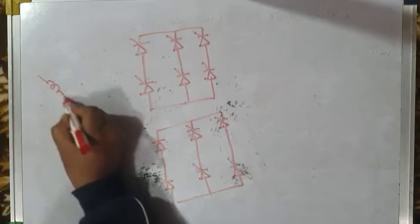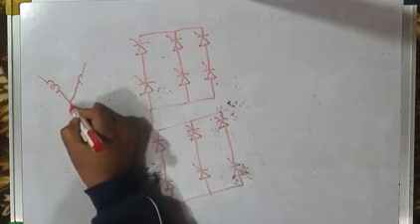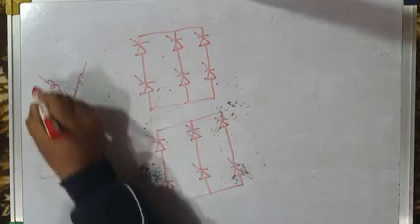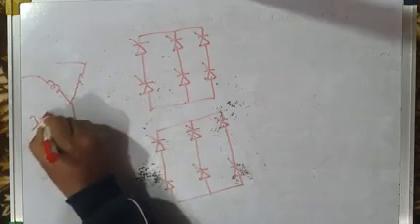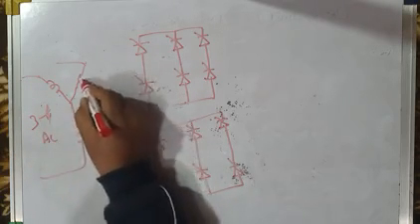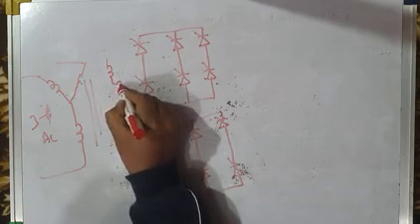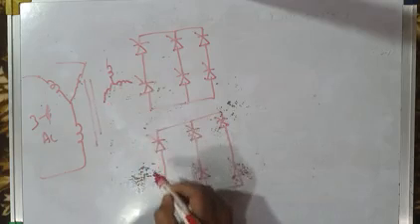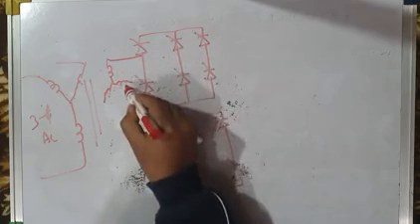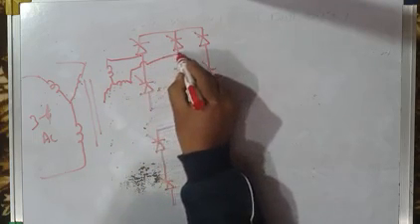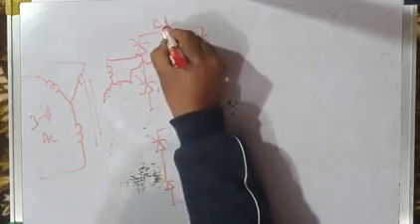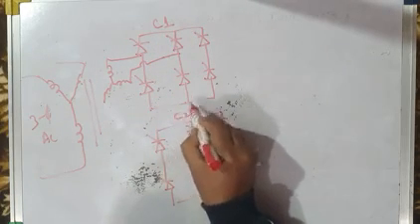Let's suppose we have a star connected primary winding. This is three phase AC, and it will have two secondary windings. This star connected secondary winding will feed converter 1. Let's call this converter C1 and this converter C2.